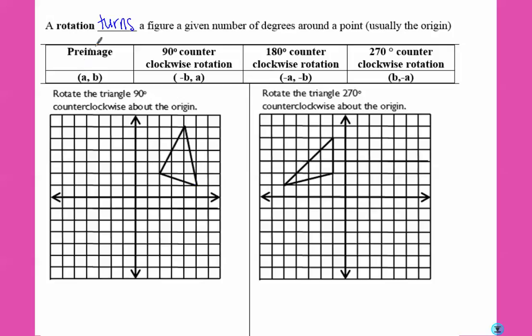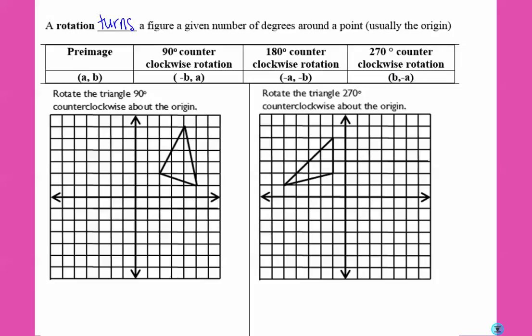So if our original point, our pre-image, is the coordinate A, B, we rotate 90, we're going to switch them and make what was our y coordinate the opposite sign. 180 degree rotation, x and y are going to stay in the same place, but we're going to switch the signs of them. And 270 degrees counterclockwise is we're going to switch them and make the old x coordinate negative.